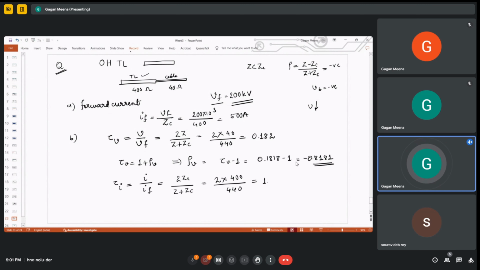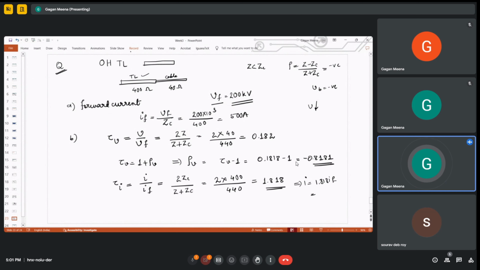So this is 1.818. This implies current is 1.818 times the forward current IF, which is 500.